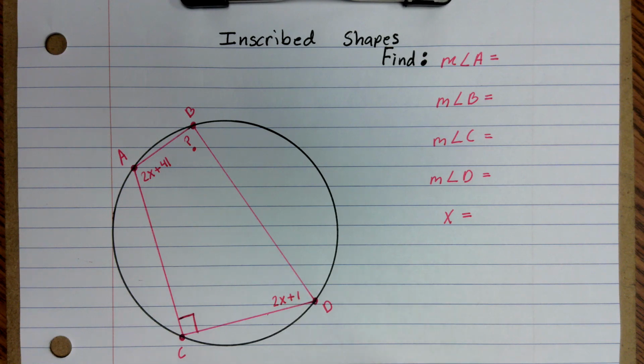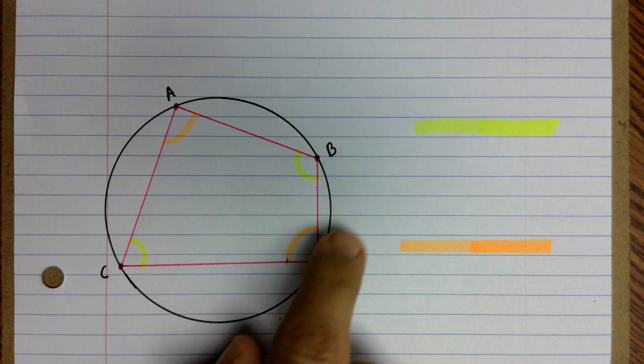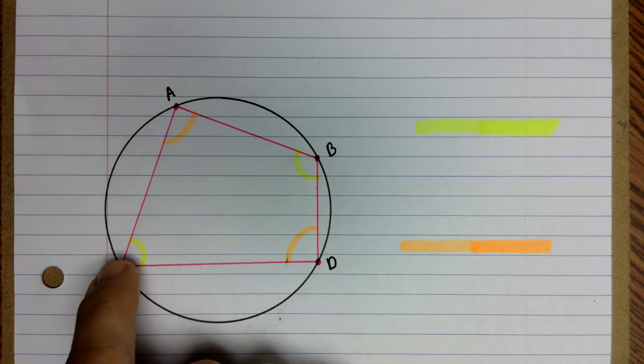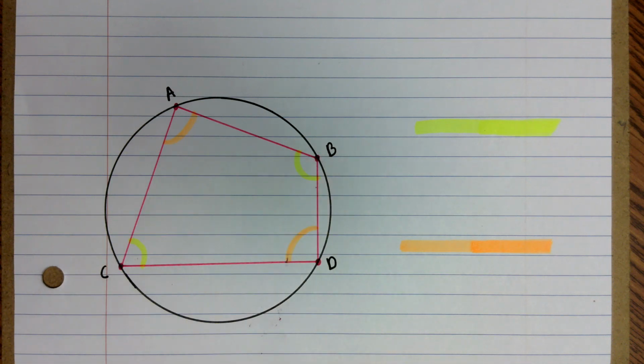So we need to know some of the attributes of this particular situation for an inscribed shape in a circle in order to proceed with it and get it right. So let me show you some facts about it. First of all, anytime you have an inscribed quadrilateral inside of a circle, I want you to keep in mind that opposing sides, the angles that oppose each other, I should say, are supplementary.